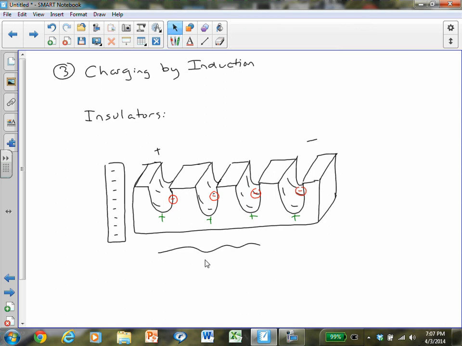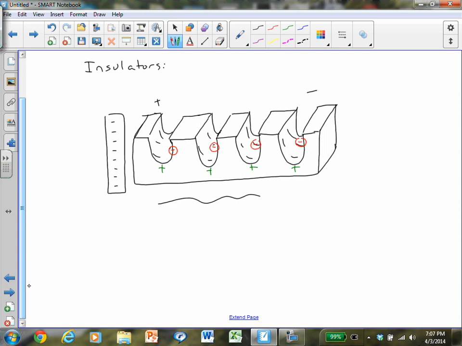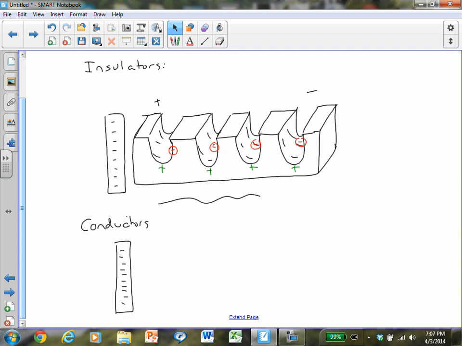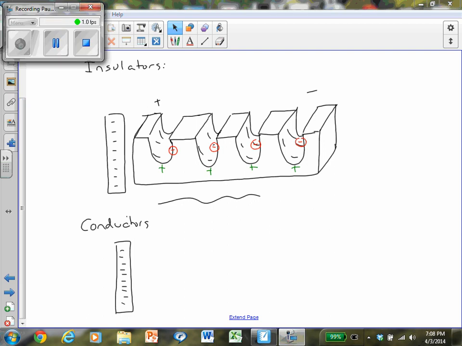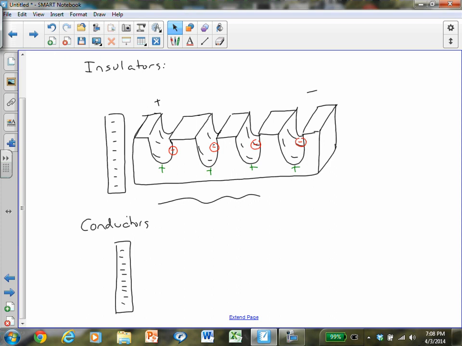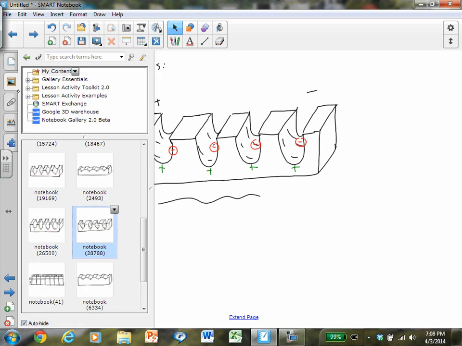That's called charging by induction. Charging by induction in conductors looks similar to charging by induction with an insulator.